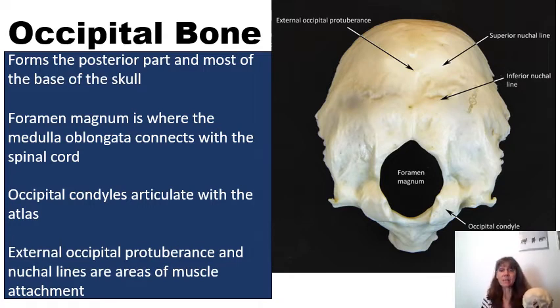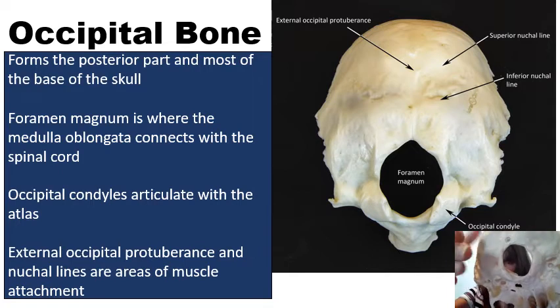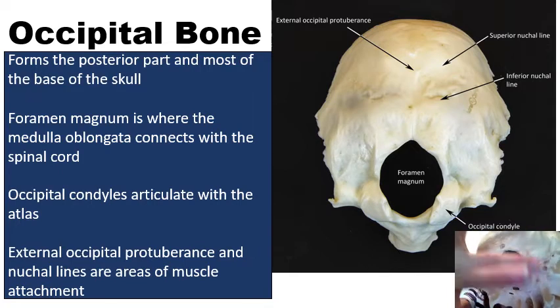The foramen magnum is an important structure because this is where the medulla oblongata of the brainstem connects to the spinal cord. On either side of the foramen magnum, you'll notice that there are smooth curved surfaces.